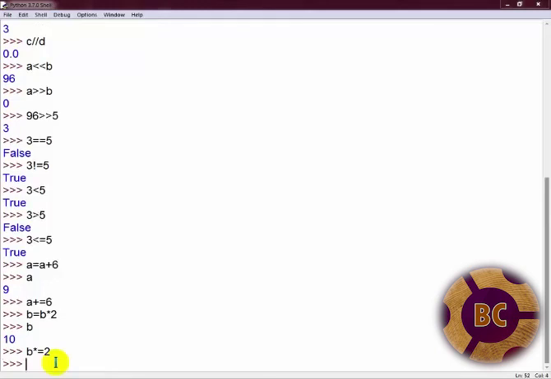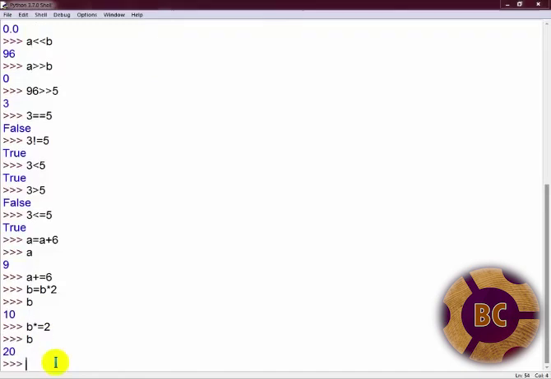The result is 20. You can apply this instruction or this abbreviation on addition, subtraction, multiplication, division, raise to power, shift to left, shift to right, bitwise OR, XOR, and AND.